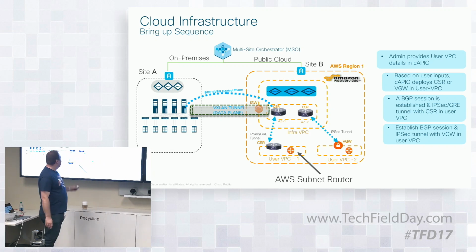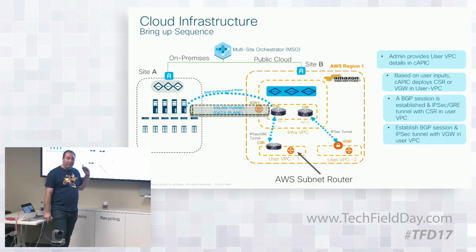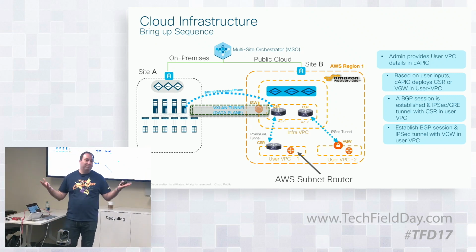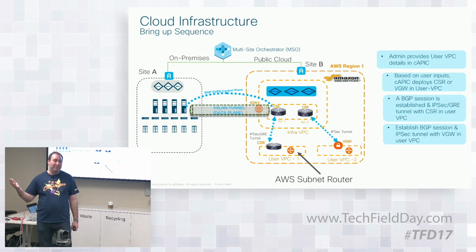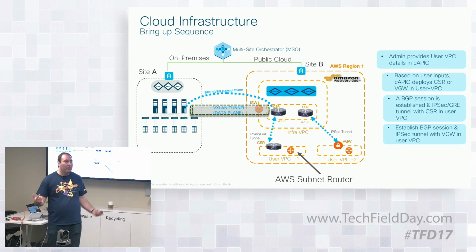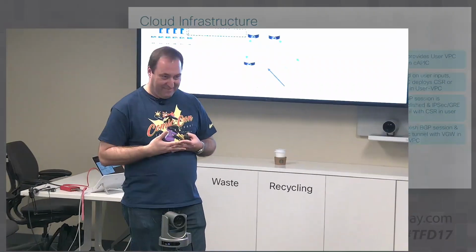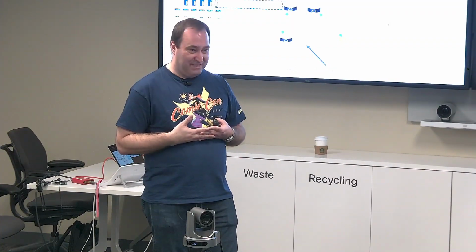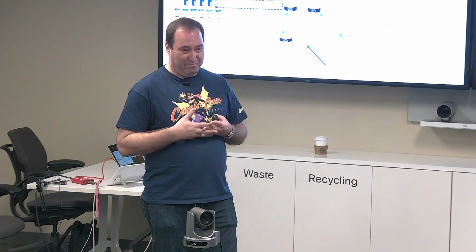And these devices will then establish a VPN, IPsec or GRE tunnel, depending which one you want to use. Well, it's only IPsec if it's BGW, to your infra VPC. It becomes a transit VPC at that point. It becomes your infra 1 VPC from a multi-site perspective.